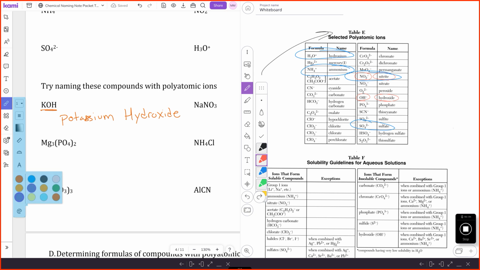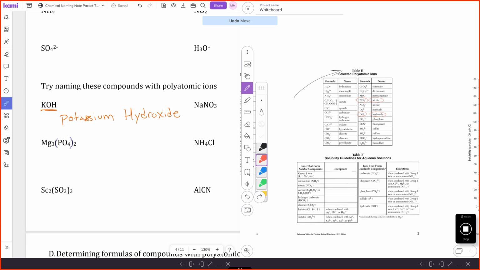We've got Mg(PO4)2. Well, this being in parentheses is a nice indication that that is the piece that comes off of table E. And if we look at it, PO4 is right here. It's called phosphate.